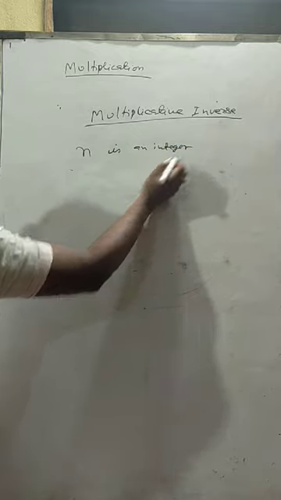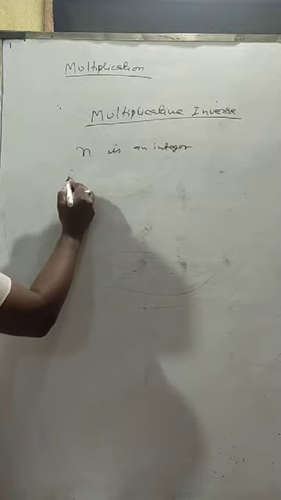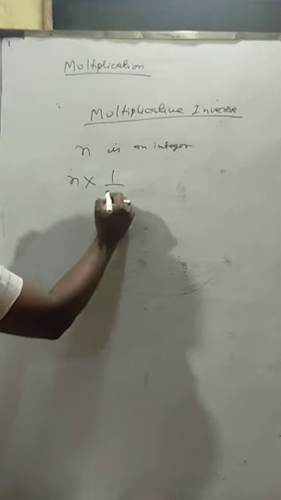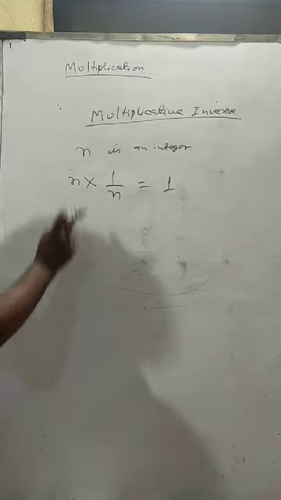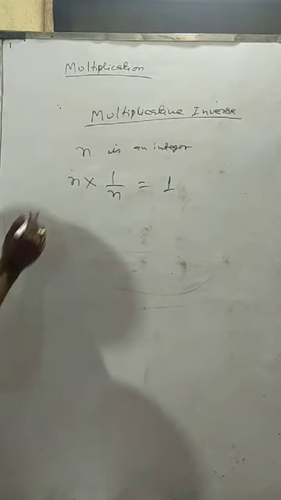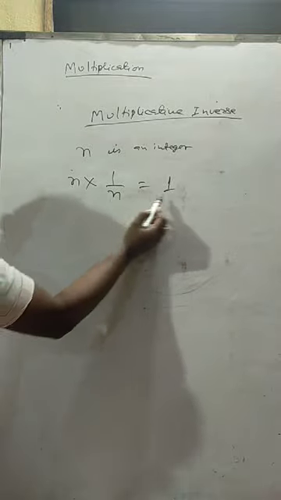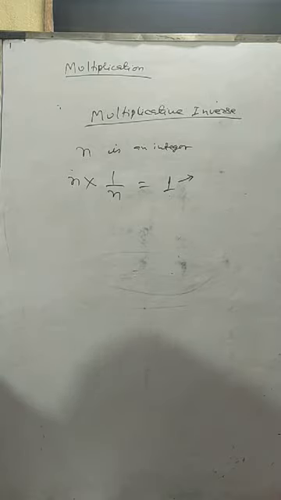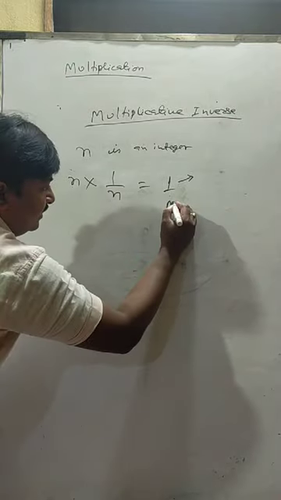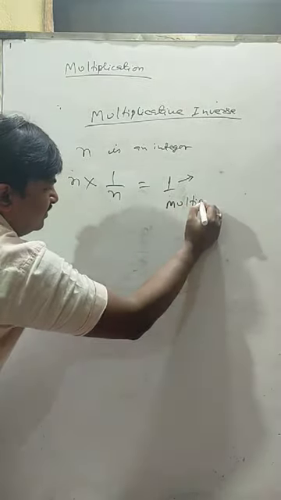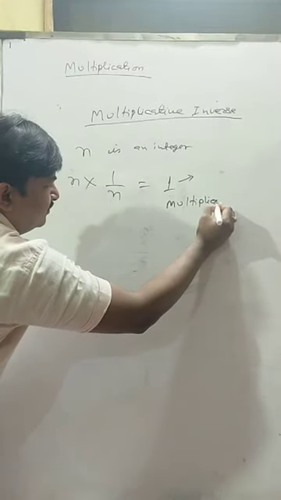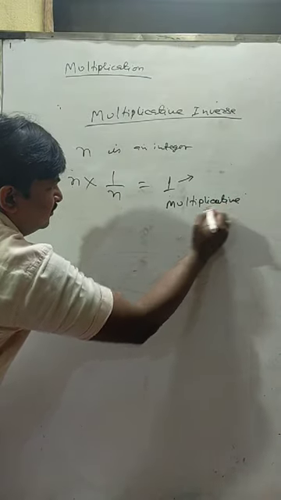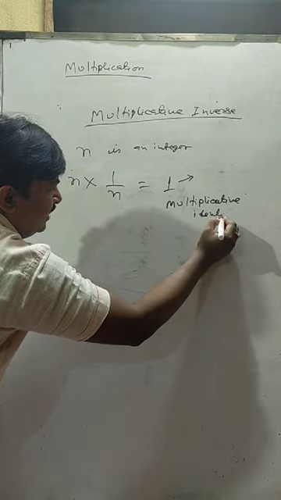If we multiply n with 1 by n, we will get 1, and this is called the multiplicative identity.